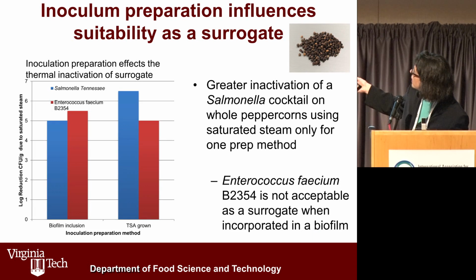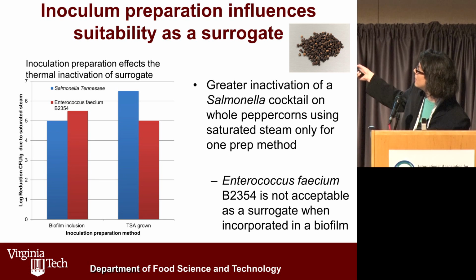And when you treat them to saturated steam, again, trying to achieve that 5-log reduction, for this case, we can achieve that with biofilm inclusion here, but we achieve greater reduction of the Enterococcus faecium using that method.